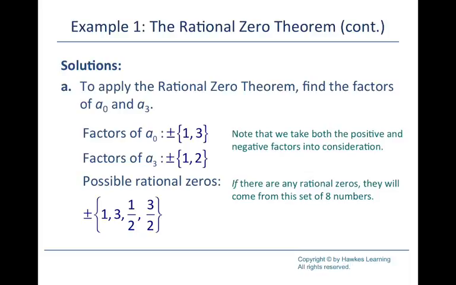It's going to be 1 over 1, 1 over 2, so that's 1 and 1/2. We take the 1 of a sub 0, then we have 3 over 1 and 3 over 2, which is 3 and 3/2. And so if there are any rational zeros, they will come from this set of 8 numbers: positive 1, 3, 1/2, and 3/2, and -1, -3, -1/2, and -3/2.